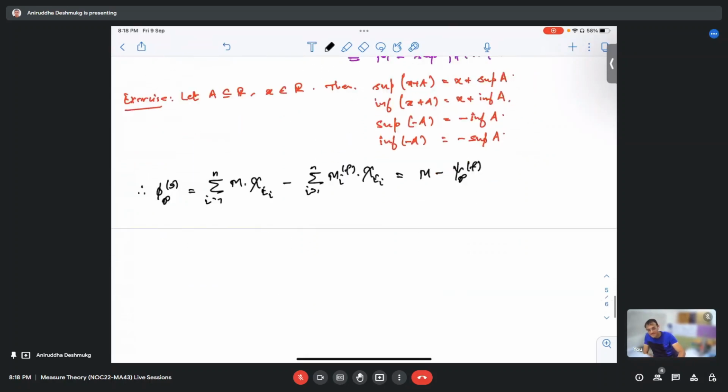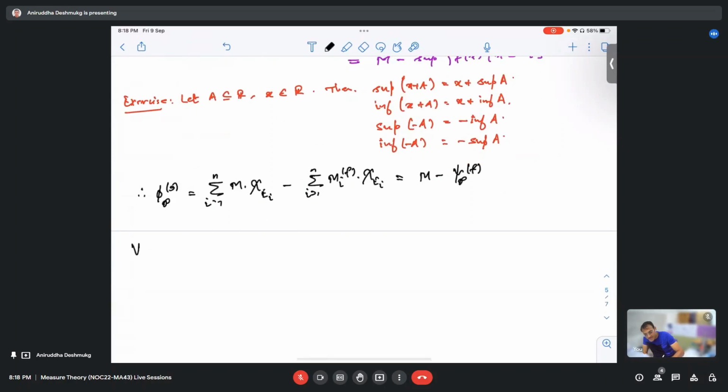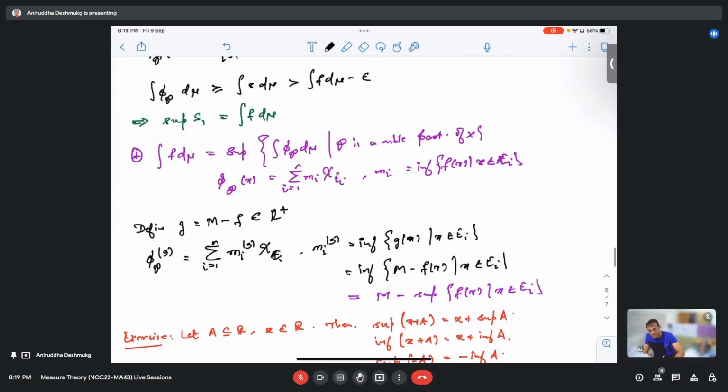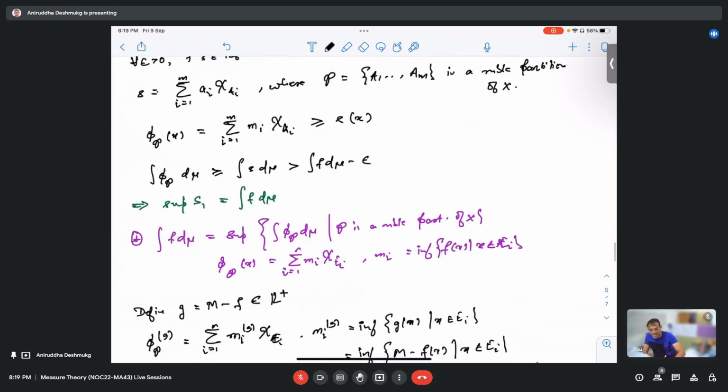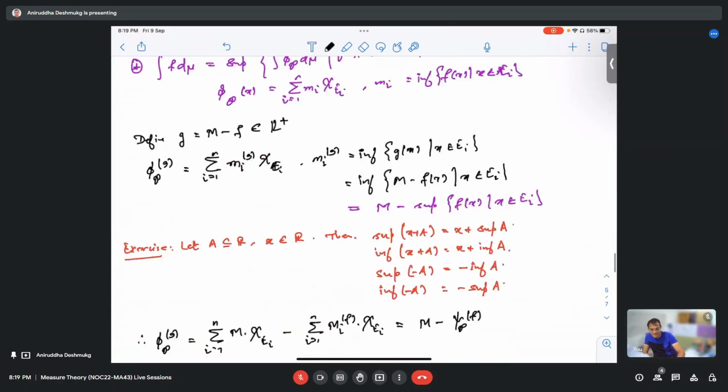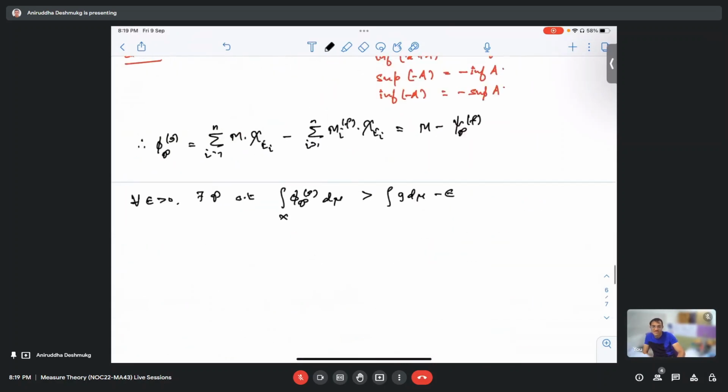Now, again, for any epsilon positive, there is a partition P such that the integral of C_P g d mu is bigger than the integral of g d mu minus epsilon, right? Because of whatever we proved above, that the integral of f d mu can be written as this supremum, correct?